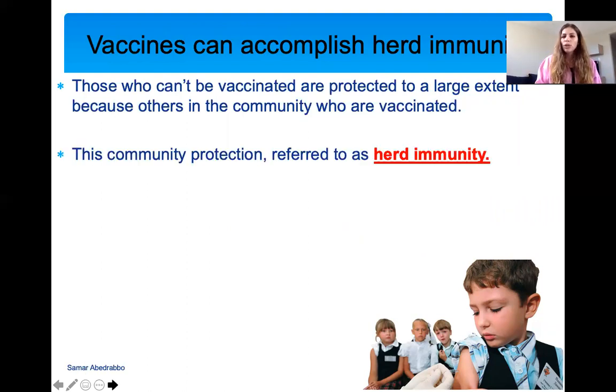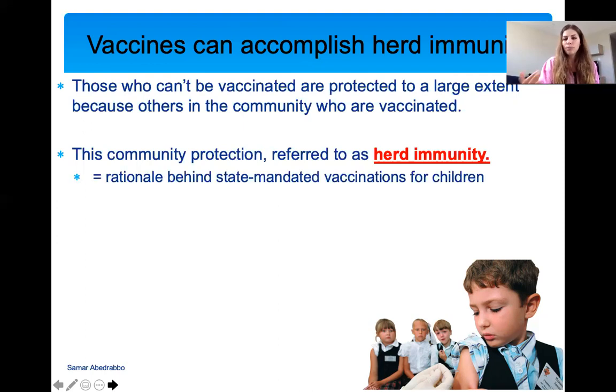Herd immunity is community protection, and it's when most people, and I'll talk about the percentage, are immune to a specific viral or bacterial disease, so that the people who are not vaccinated are protected. This is why we have state-mandated vaccinations for children to build herd immunity.